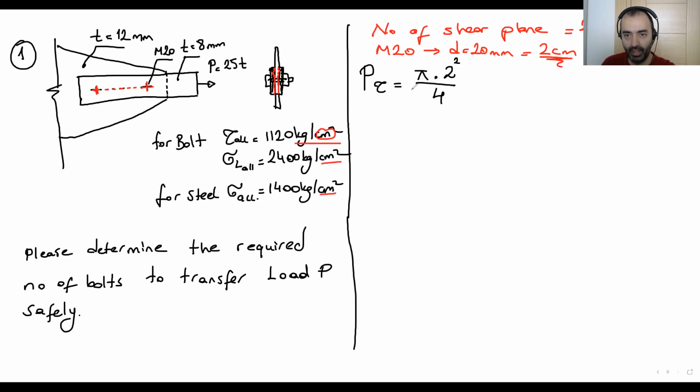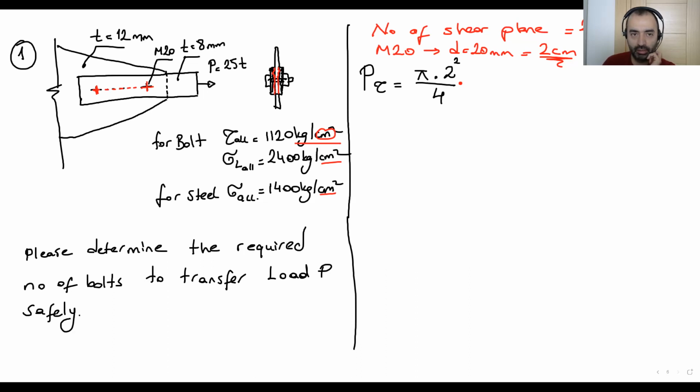I convert the 20 millimeter to 2 centimeter here. This is the area for one M20 bolt. Times, but we have two shear planes.